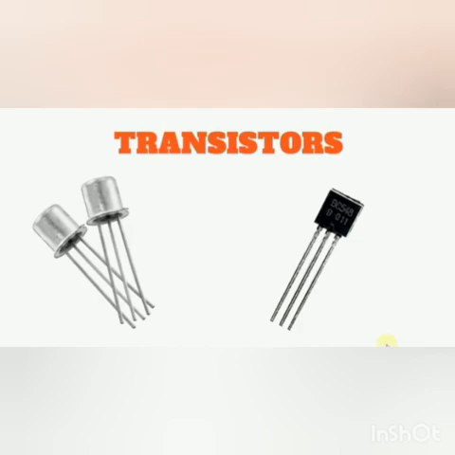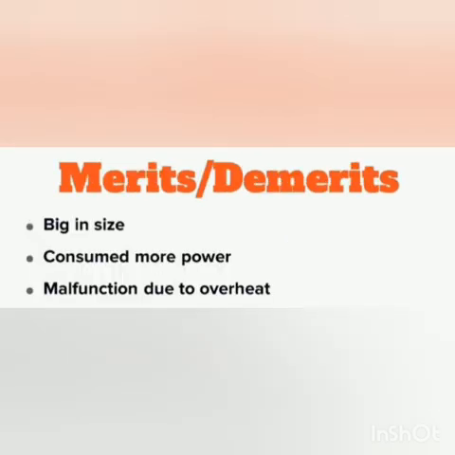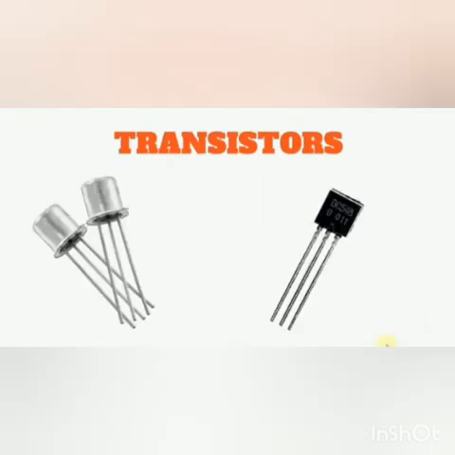This is the image of a transistor, and by using transistors, they overcame the disadvantages they faced in the first generation. The common drawbacks were big size, more power consumption, and malfunction due to overheating. All these problems were overcome to a degree by implementing this component, the transistor.